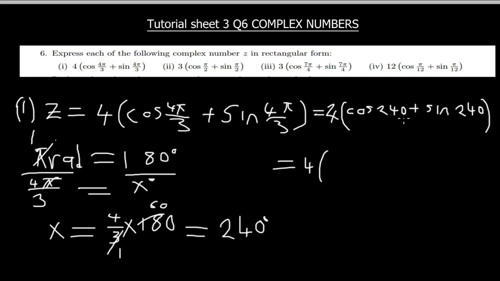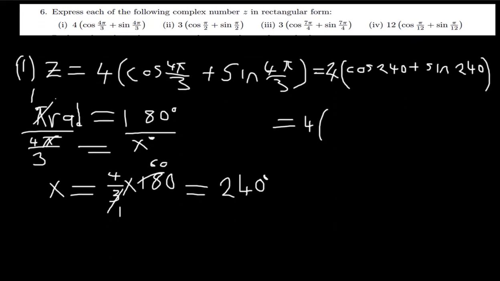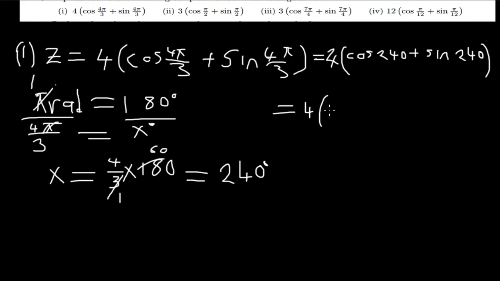So this angle 240, we can consider it in a way that is going to be easier for us to know what we are doing. If I draw the XY plane here for the quadrants, we know A, S, T, C: all students take coffee, whichever way you master it.